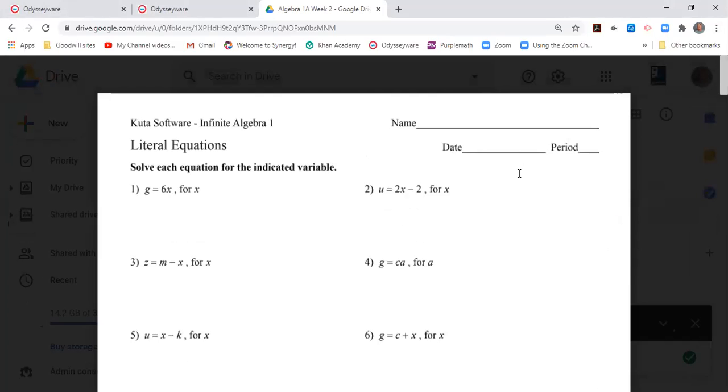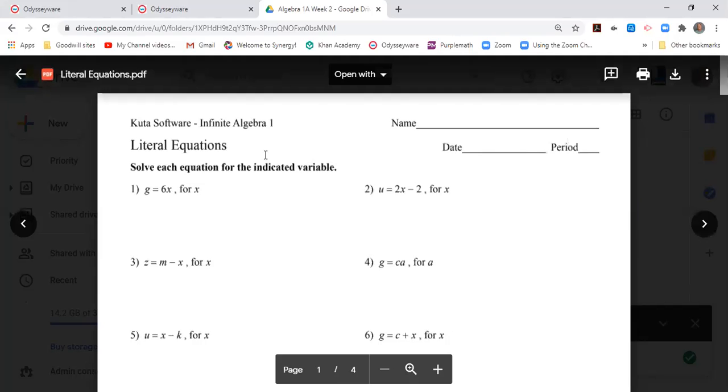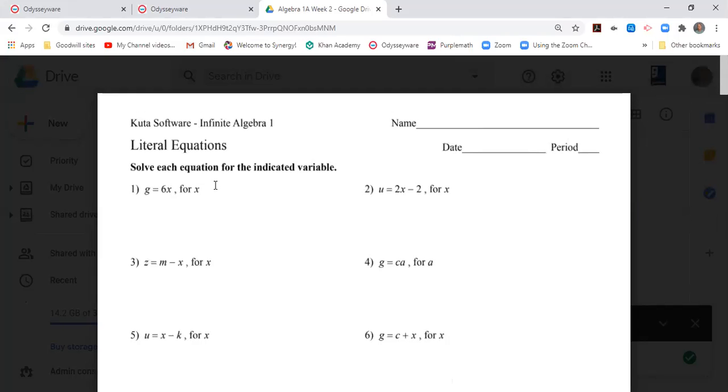If you notice, problem number 1 is a one-step equation, because all you have to do is divide both sides by 6. Some people will say, well, I can't divide G by 6. That's okay. We don't know what G stands for, so we're just going to leave it as G over 6.